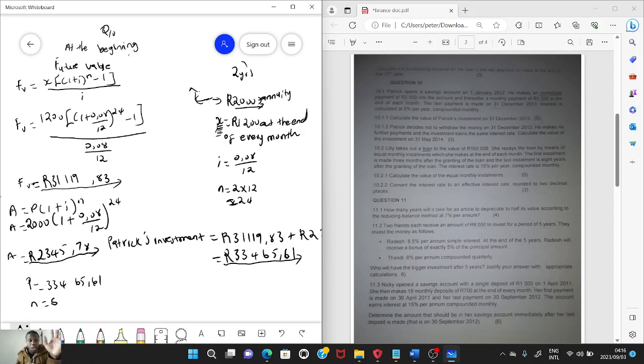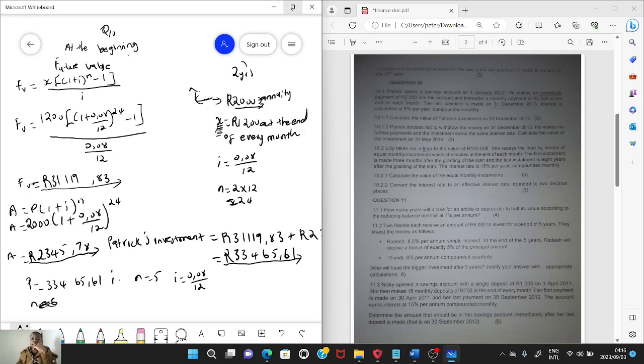But your I remains fixed. Your N is 5, and your I is 0.08 divided by 12. The only thing we're going to determine now is the value of the investment. We know the money is going to grow since it earns the same rate, and we know it's compounded monthly.